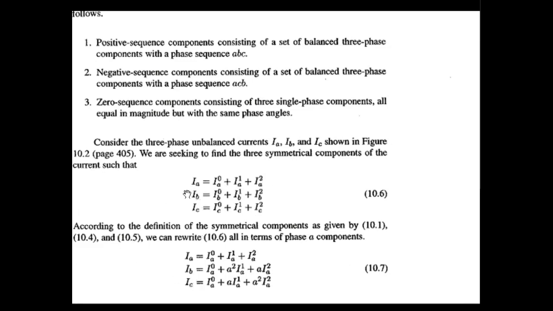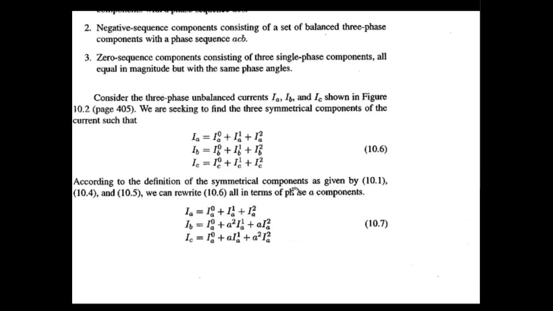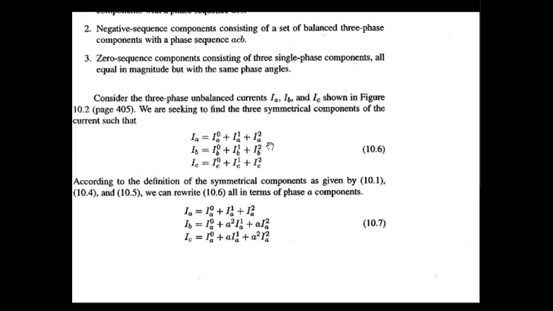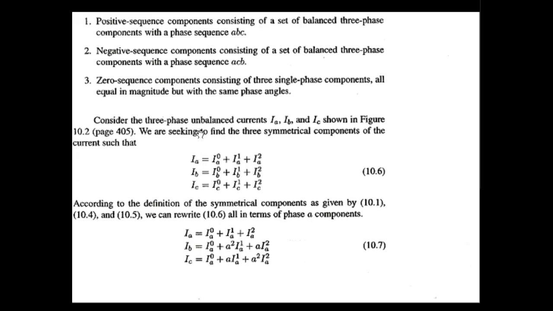And for A, B, C, we already know how to generate the sequence components, and that is based on which theorem? This is the mathematical notation, right? Yes, sir. We don't know the theorem exactly, but this was one type of addition.